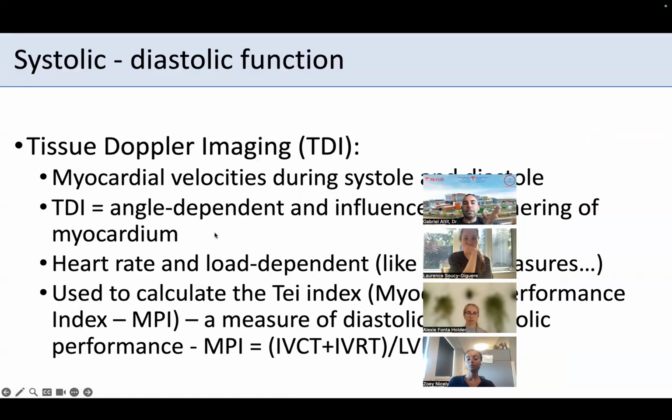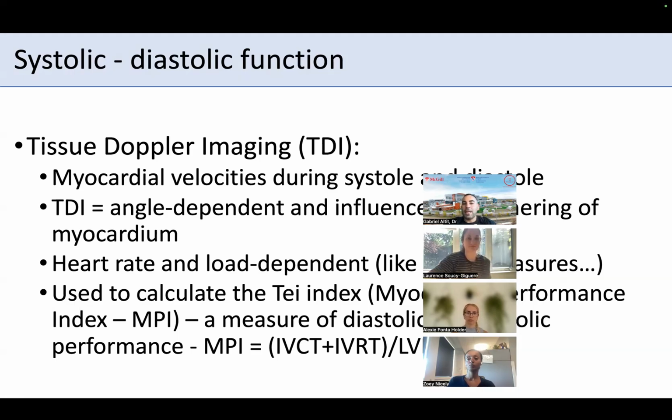Tissue Doppler is basically the concept of looking at the velocity of a movement, but instead of looking at the movement of the blood flow, we look at the movement of the tissue itself. So it's a pulse wave Doppler on the actual myocardial tissue. By convention, most of the TDI normative values have been done on the apical four-chamber view, looking at that longitudinal velocity motion.